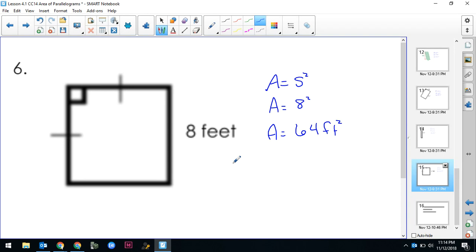In fact, why don't you turn to your neighbor and tell them the formula for a parallelogram? Tell them the formula for a rectangle. And tell them the formula for a square.